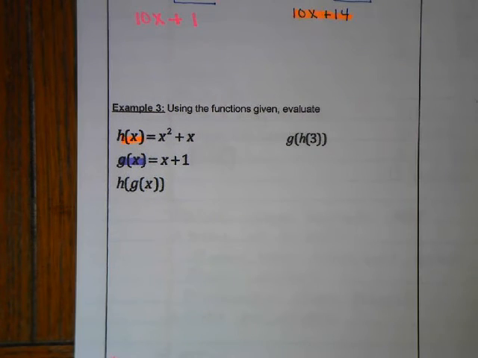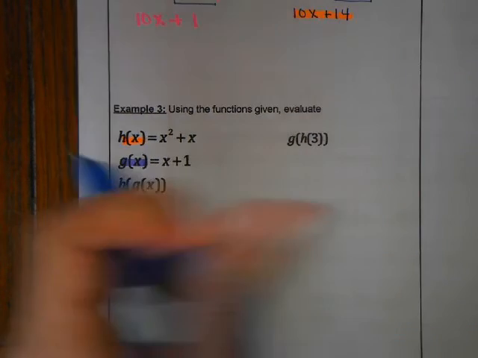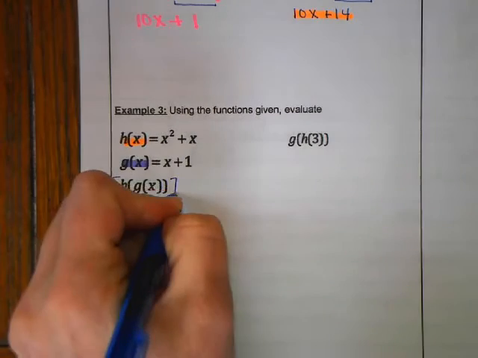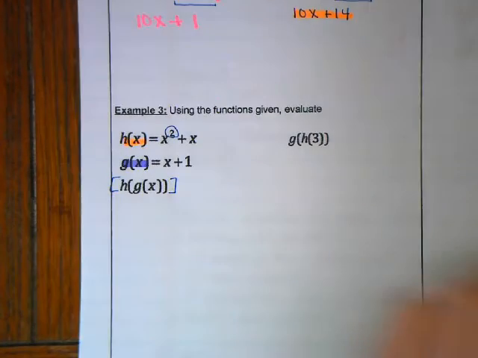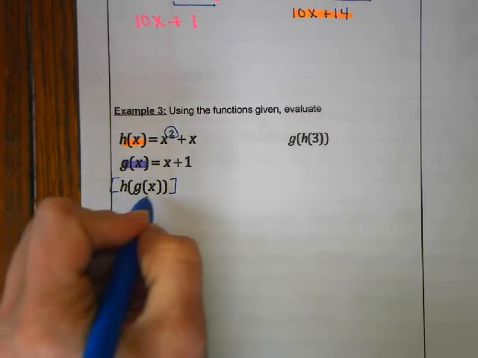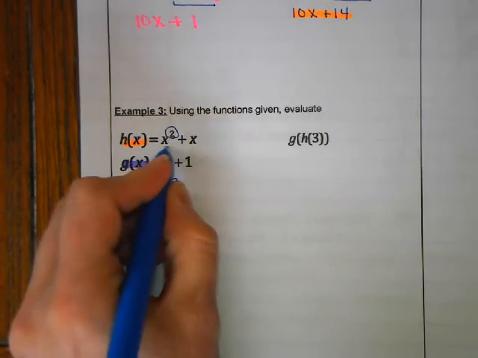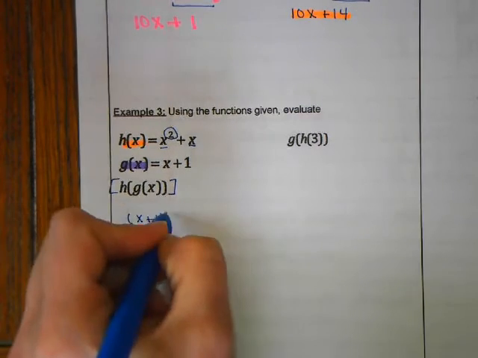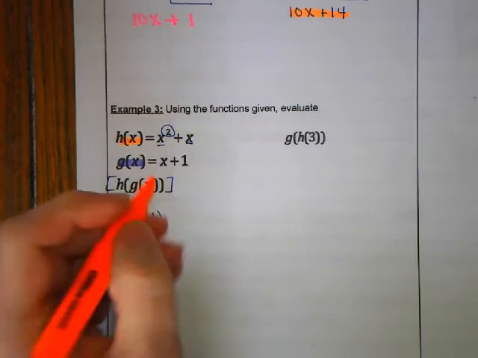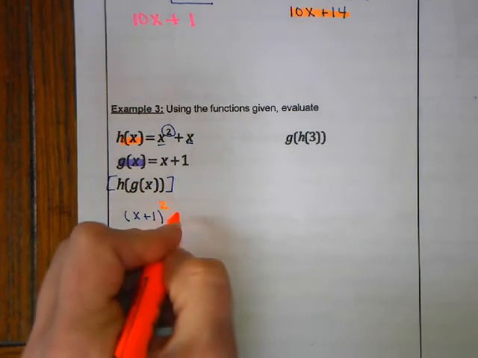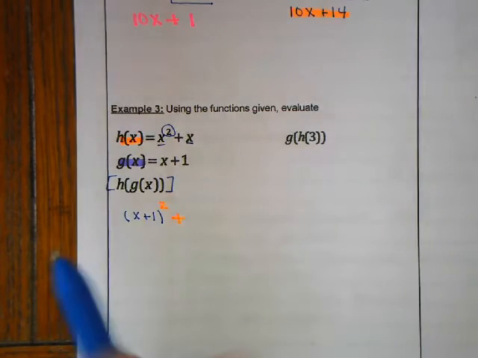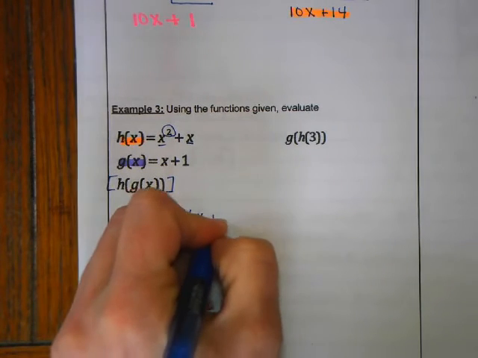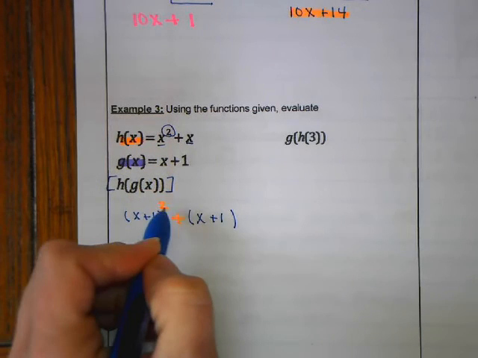Okay, so we're going to take my h function, number 1, and I'm going to plug in g, but I'm careful of that little exponent right there. So my g function goes in for x: 2 times x plus 1 being squared from my original h function, plus, again from the original, x plus 1.